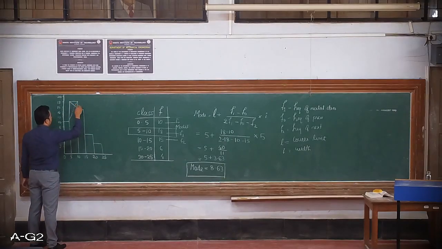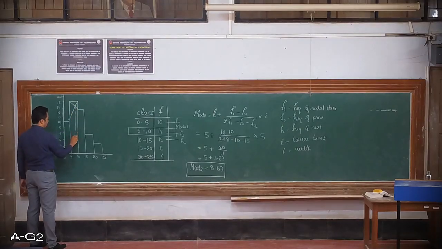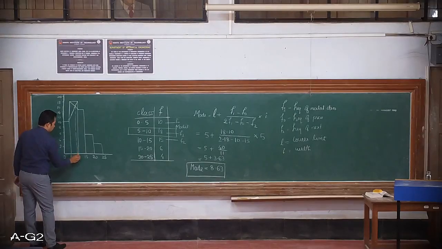So we will have the intersection here. Then from the intersection point, draw a perpendicular to the x-axis. So this gives me the value of mode. So this is how graphically you denote mode.